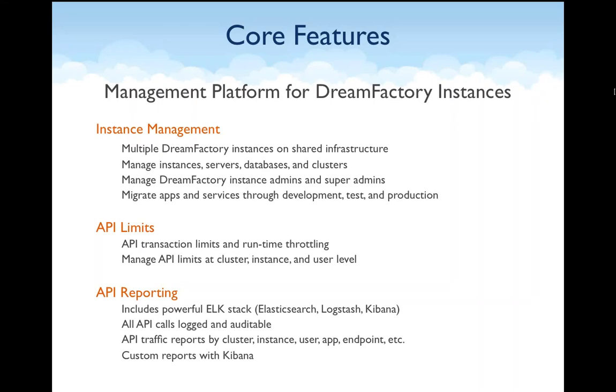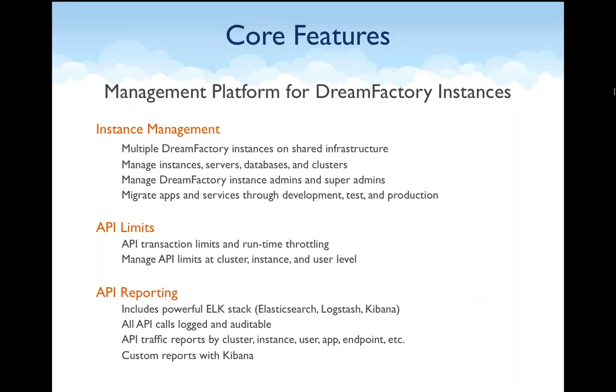And then lastly, we've added the ELK stack, which is a great open source stack: Elasticsearch, Logstash, and Kibana. We've integrated that technology into the product so that all of the API calls are logged inside of Logstash, auditable, searchable with Elastic. And then Kibana is a nice front-end tool that lets you visualize dashboards and reports of all of the API traffic, whether that's coming across aggregately across your cluster, or across individual instances, say different production instances.